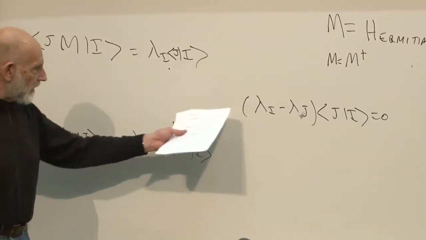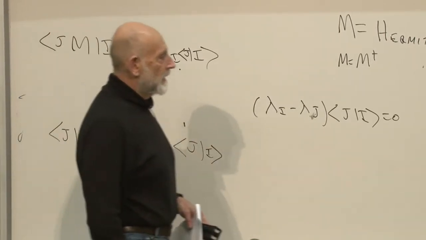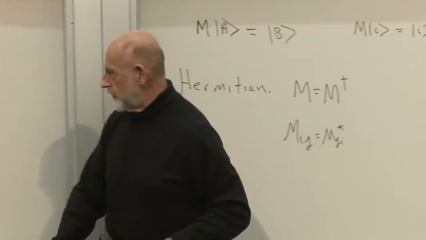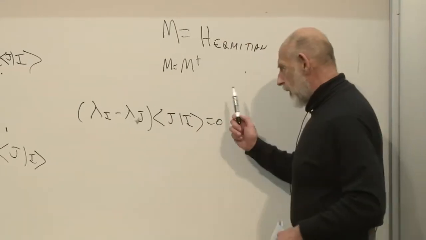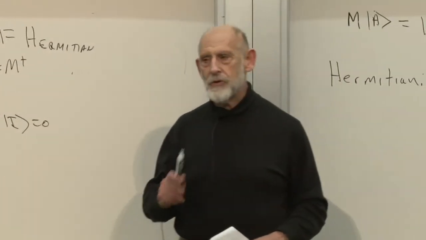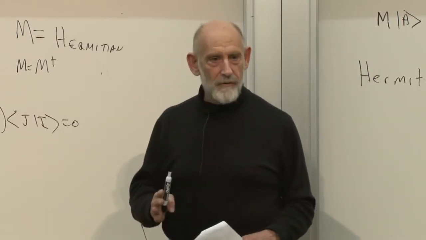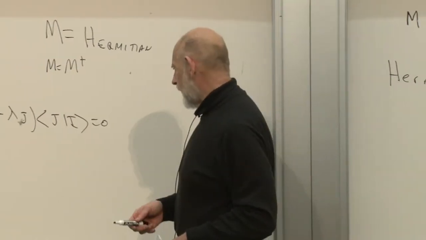All right, so lambda I minus lambda J times the inner product of J with I equals 0. Well, if the product of two things is 0, it says unambiguously at least one of them is 0.